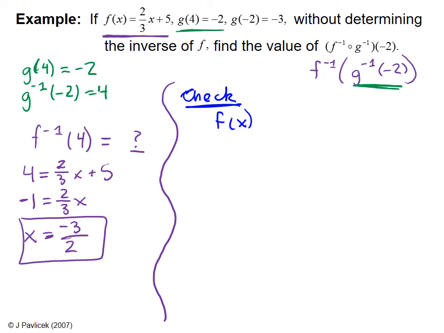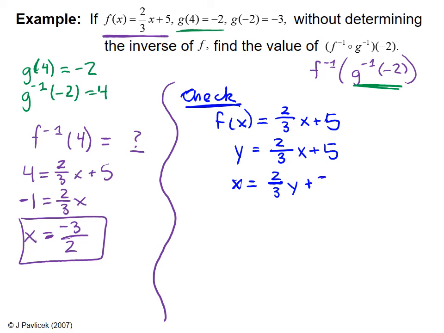If we have f of x equals 2/3 x plus 5, first of all, we replace that f of x with a y. Then all you do, you transpose the x and the y. You literally just switch them. So now it is x equals 2/3 y plus 5. And you take that and you just solve that for y.